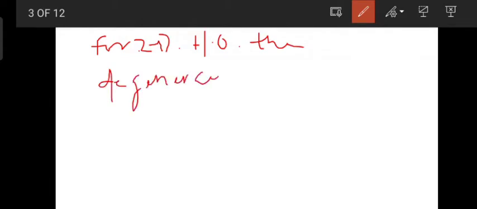For two-dimensional harmonic oscillator, the degeneracy G will be n plus 1, where n is the state.